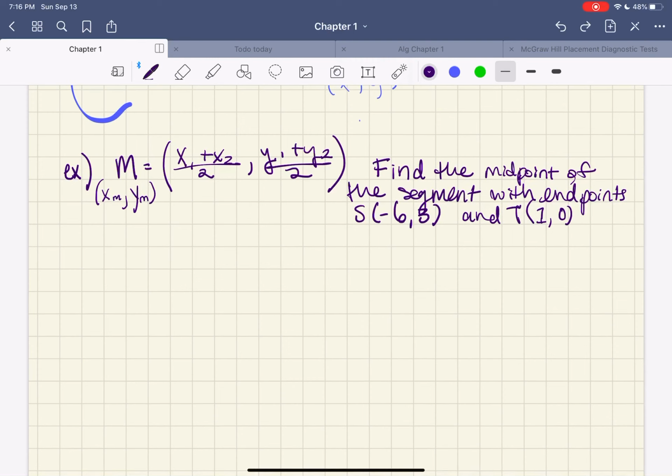So you're going to find that xm, ym by just plugging in. You have -6 plus 1 over 2 and 3 plus 0 over 2.